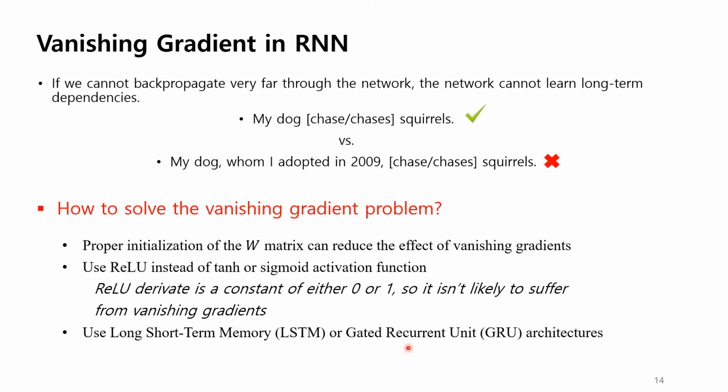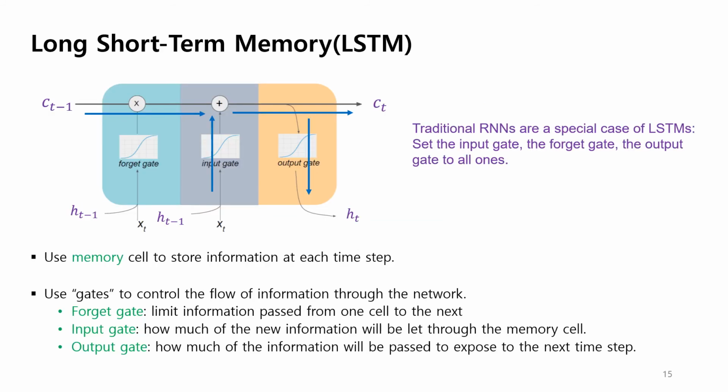So I'm going to explain these two a little later. I explained the vanishing gradient problem in RNN, and to solve it, we actually use LSTM or GRU instead of RNN. So here we go over LSTM first, and a little later we're going to study GRU.